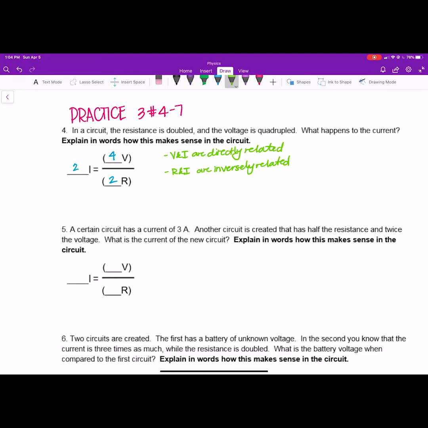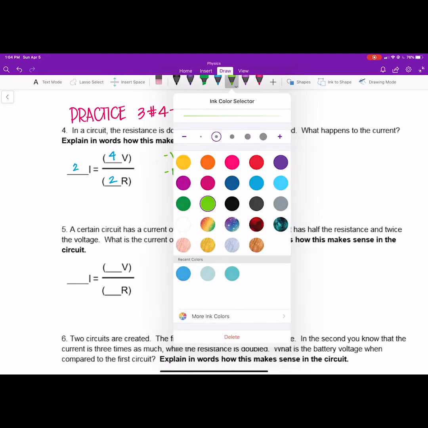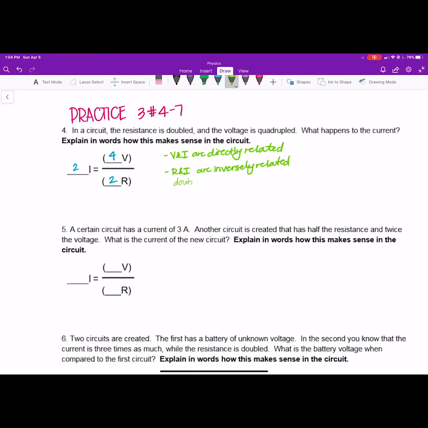So doubling the resistance will halve the current. By making this 2, this is actually going to make our current half of that. And the voltage and current will just increase by the same number. So that's why that works out mathematically.